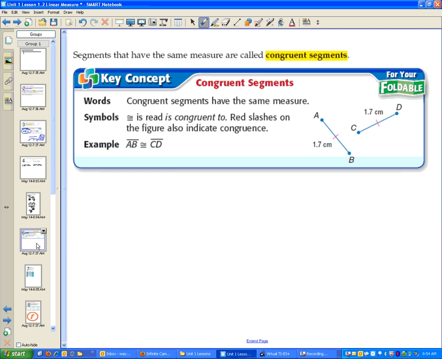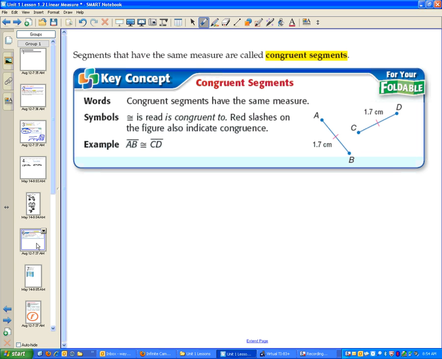All right. Segments that have the same measure are called congruent segments. I've learned over the years that in many countries, they just always use equal, and I kind of wish we did. Well, I don't even know that it's true now.